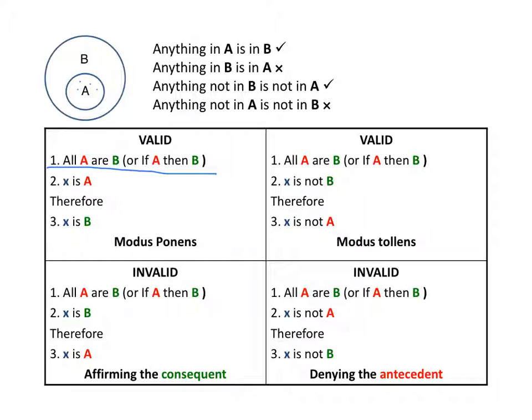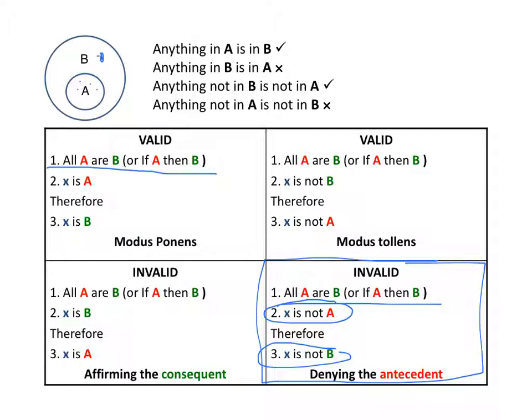And what about this one? Denying the antecedent. Well, again, you can read that off the diagram. The premise says all A's are B's, which is represented on our diagram. The second premise says that X is not A, and the conclusion is that so X is not B. Well, again, here's something that's not A, but it is B, so this doesn't follow.